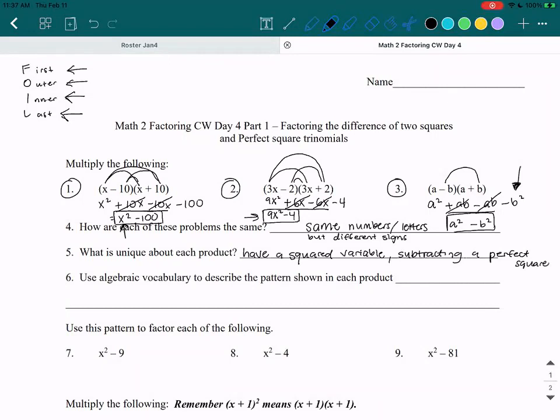Okay, and then for number 6, we're going to use algebraic vocabulary to describe the pattern shown in each product. So that's kind of like number 5, except we're just going to describe it more like math terms. So the pattern in each product is that the first term, sorry, I did not spell that right.